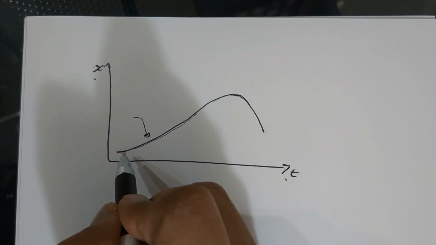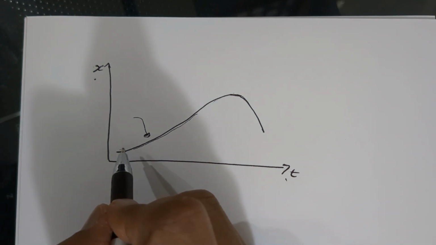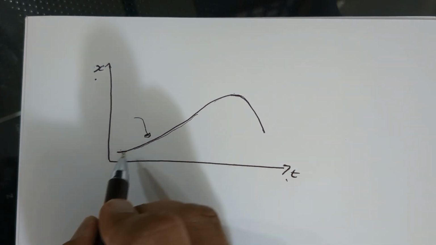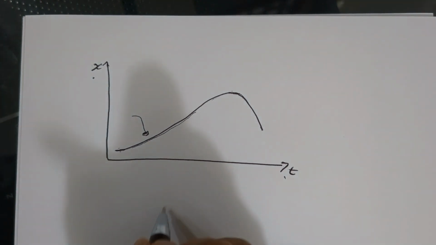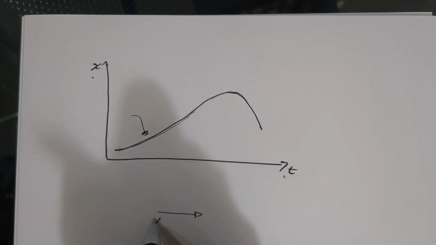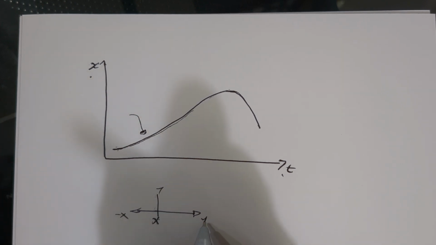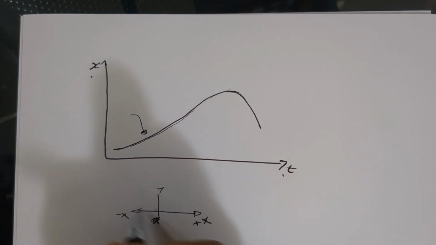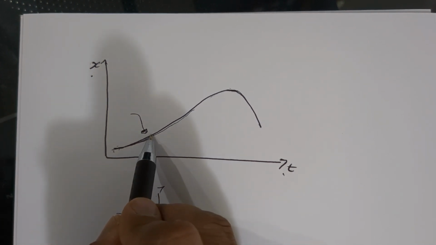Are you moving right or left? Are you moving fast, or are you moving slow? What's going on here? So right here, you're moving right. As the time goes on, if you consider x to be positive in this direction, and this is negative x here, an xy chart, and this is positive x. So if you're going positive right here, what's going on?